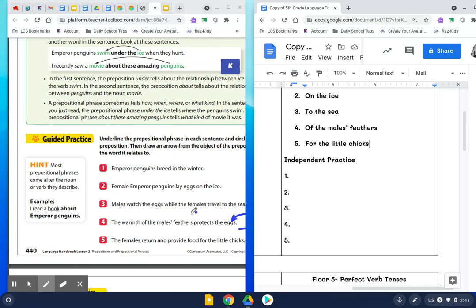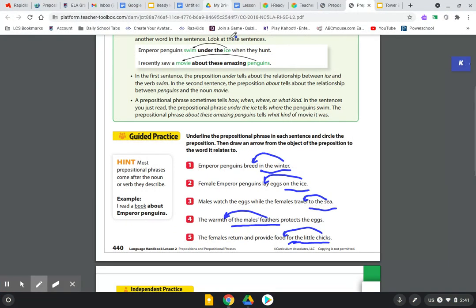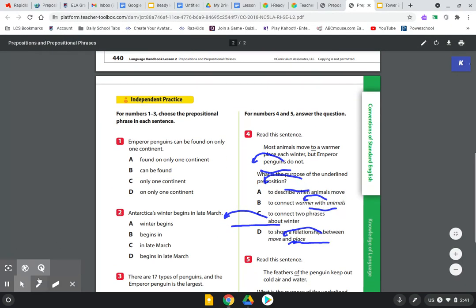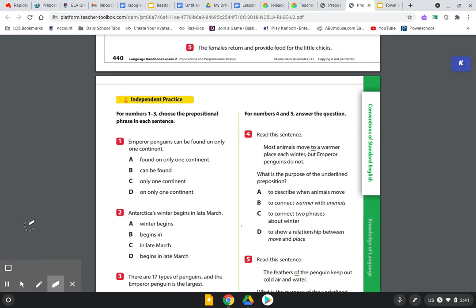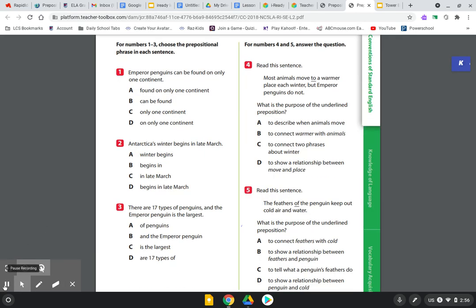You will now complete the independent practice part on your own. Make sure to include the letter and the word beside your answers on your recording sheet. I'll read them aloud so you can hear them. Number 1, emperor penguins can be found on only one continent. Number 2, Antarctica's winter begins in late March.